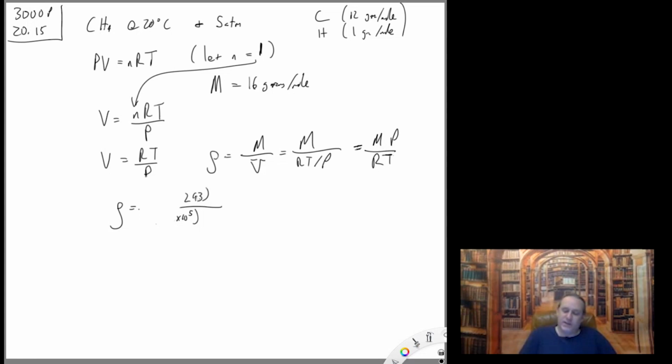Okay, let me re-put all these numbers. The mass is 16 grams, but I want to put it into kilograms, so that's 0.016 kilograms. And the pressure is 5 times 1.013 times 10 to the 5th, R is 8.31, and the T is 293. Okay, sorry about that.